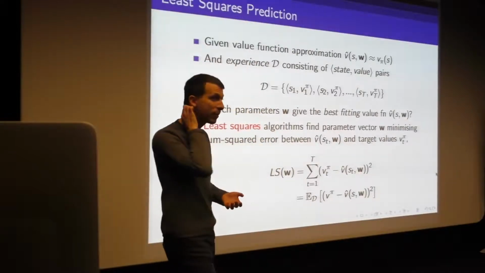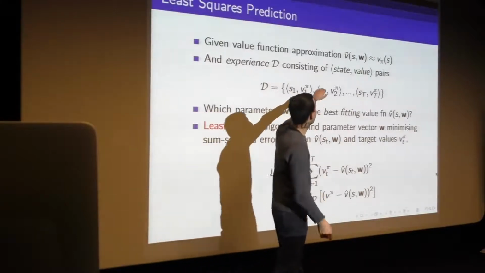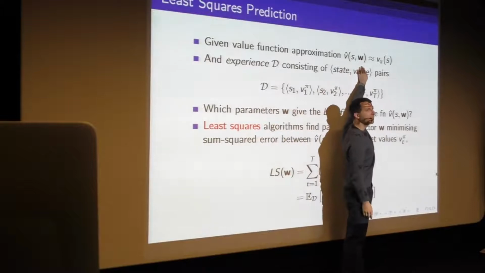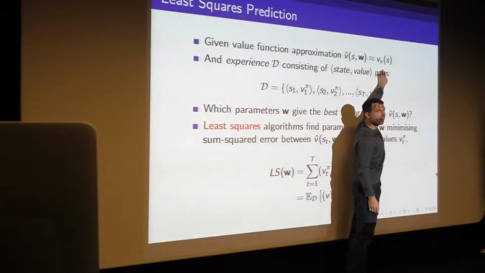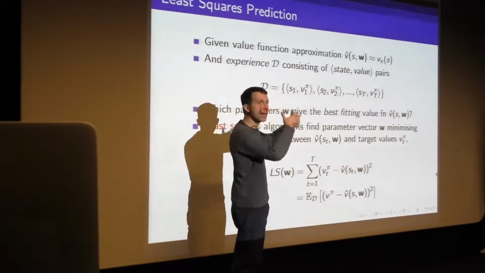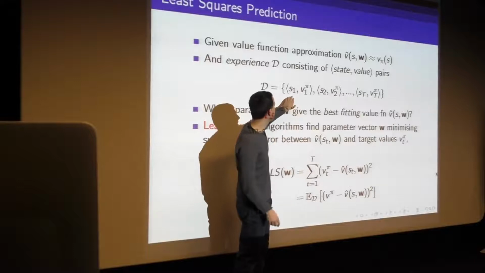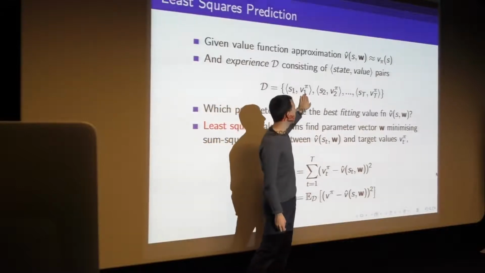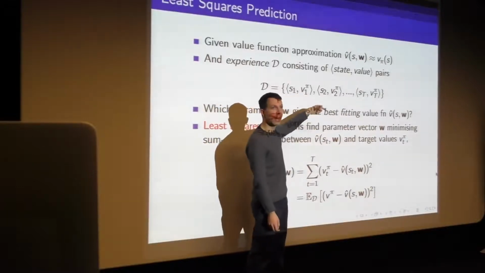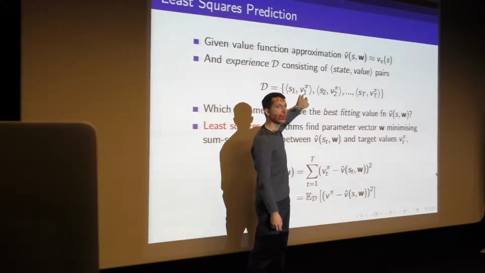Well, one definition would be something like a least squares fit. If we want to fit our function approximator to the true value function for our policy, we can, again, define some data set. This is just what we did before. We've got some training set, which is our states and our targets. Let's say there's an oracle again. In state S1, the oracle tells us the value should have been this thing.